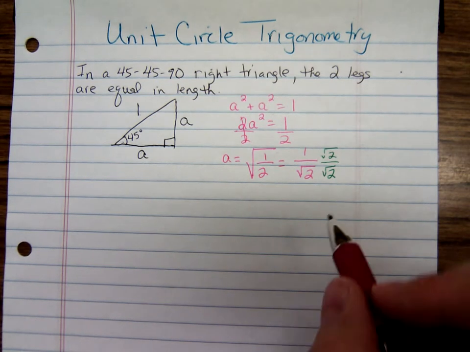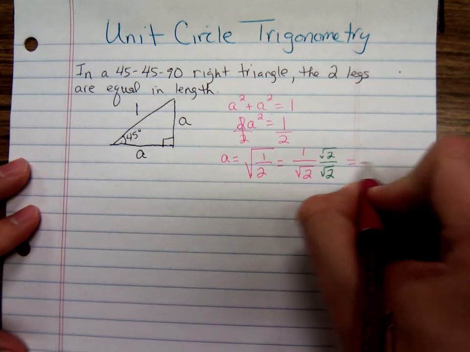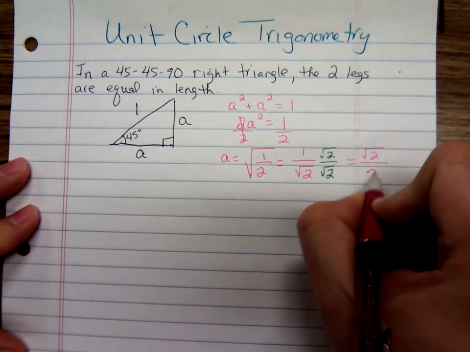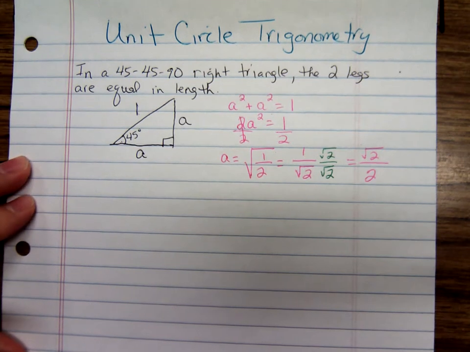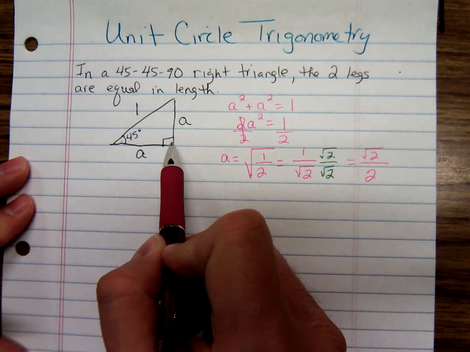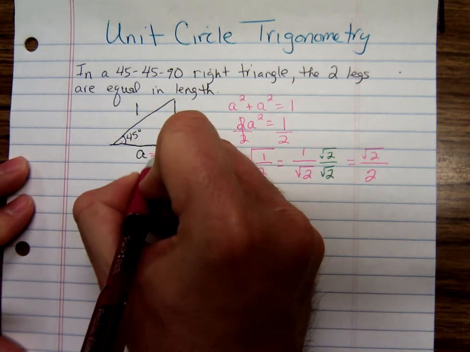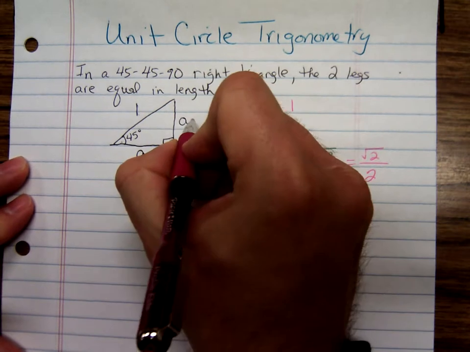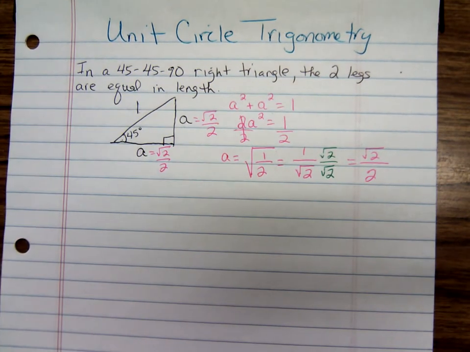A square root of 2 on top and just a 2 on the bottom. Square root of 2 times square root of 2 is the square root of 4, which is 2. So if we have a 45-45-90 right triangle, if the hypotenuse is 1, each of these legs is square root of 2 over 2.